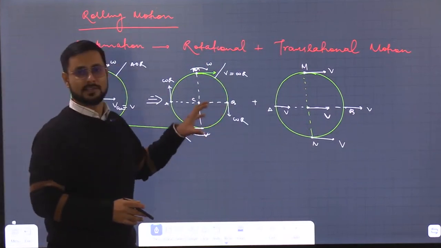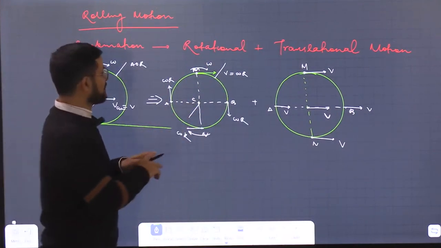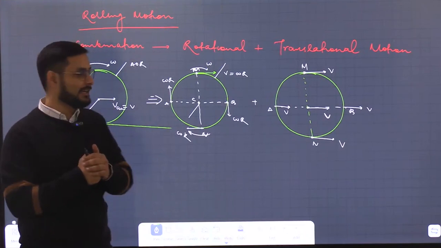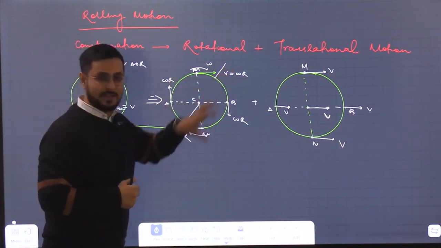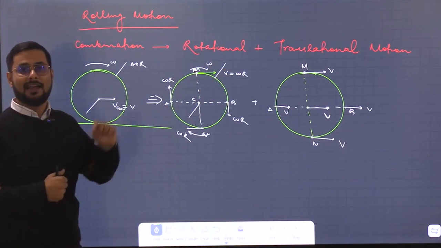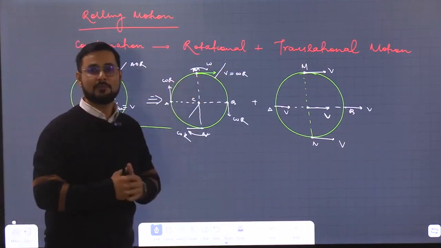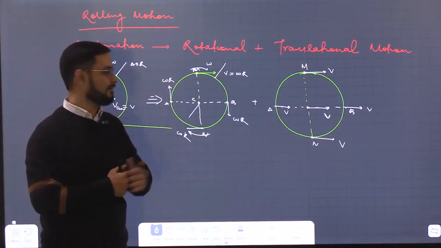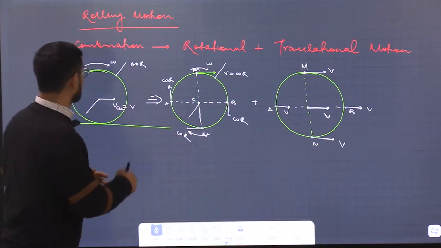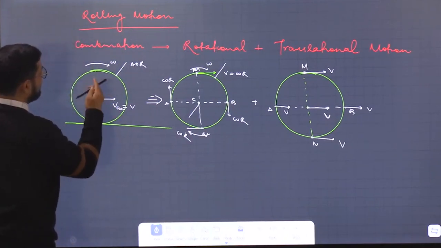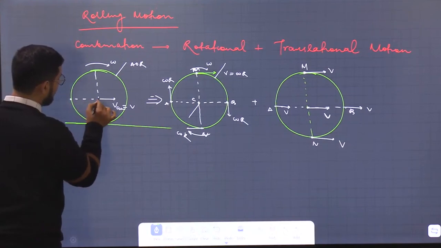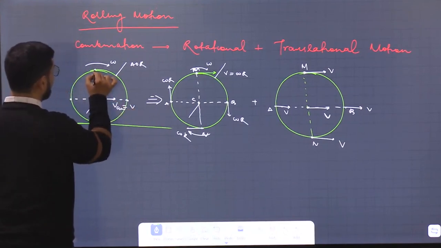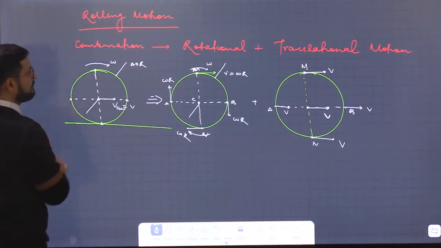Now, since this wheel is in rolling motion, this particle M will have a velocity which has two components, one due to rotational motion, that is omega r, and the second due to translational motion, that is equal to v, the velocity of the center of mass. So I will draw these velocities here in the wheel in rolling motion.